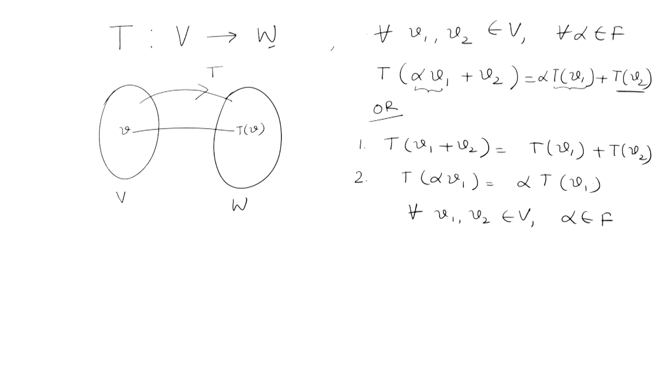So we club these two properties in this single step. So if a function T from V to W satisfies these two properties, then we say that T is a linear map or a linear transformation.